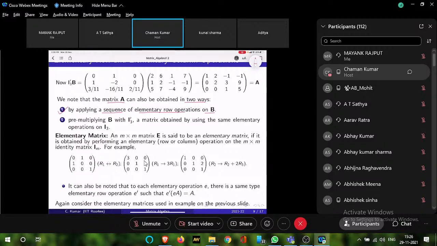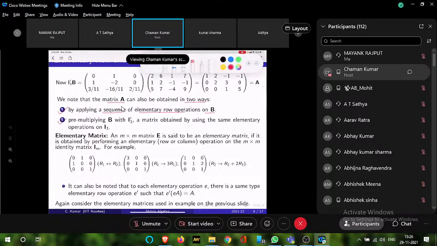Instead, you perform these elementary operations on the identity matrix in exactly the same sequence. Then you get a new matrix I3 dash, and you pre-multiply B by this new matrix I3 dash. You will get matrix A. So these are the two ways you can obtain matrix A from matrix B, and these are the two ways to find the equivalence of two matrices.